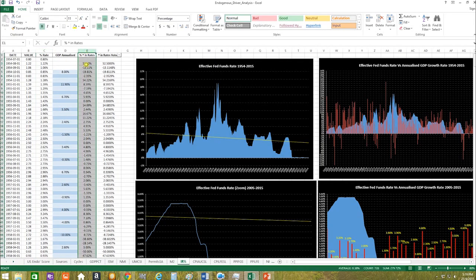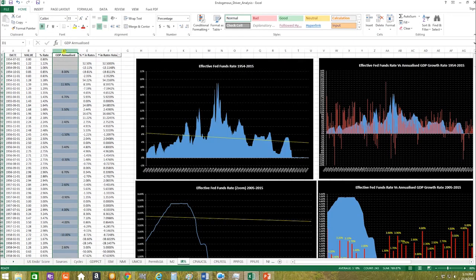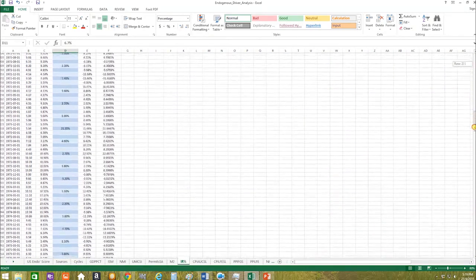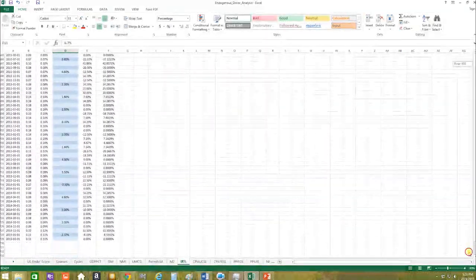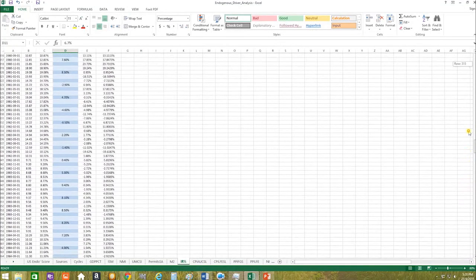We then have the percentage change in interest rates, and we have this number worked out as a percentage from period to period. We have this number expressed in a value term here. We also have GDP annualized, so quarterly GDP at an annualized rate going all the way back to 1954. And if we scroll down to the bottom, this takes us all the way up to present day to February 2015.